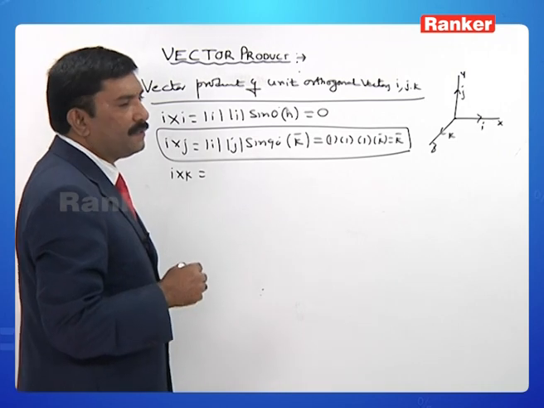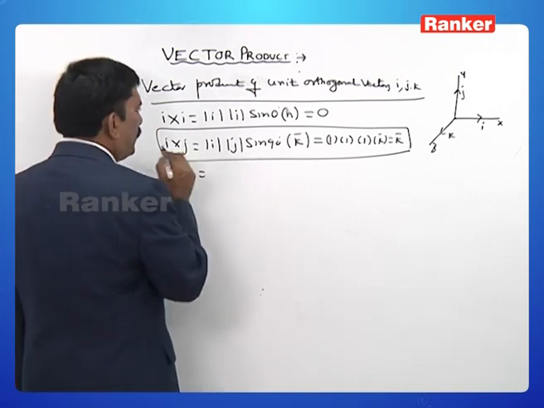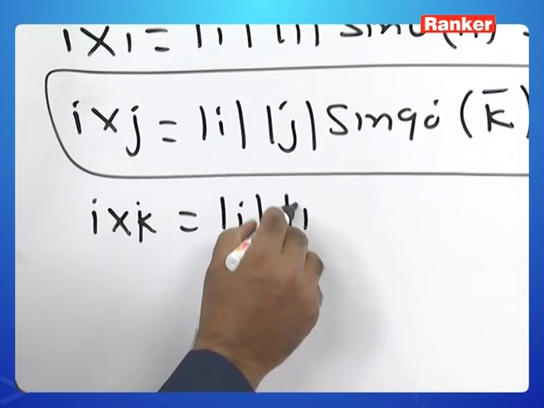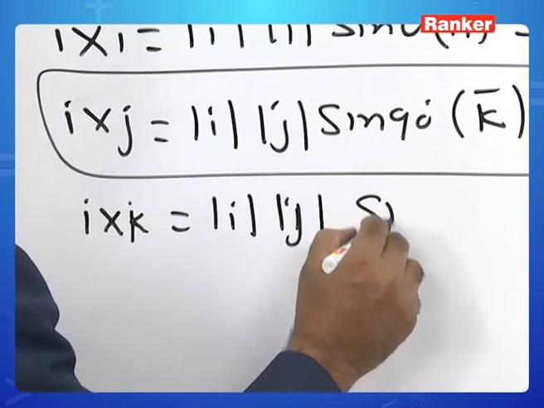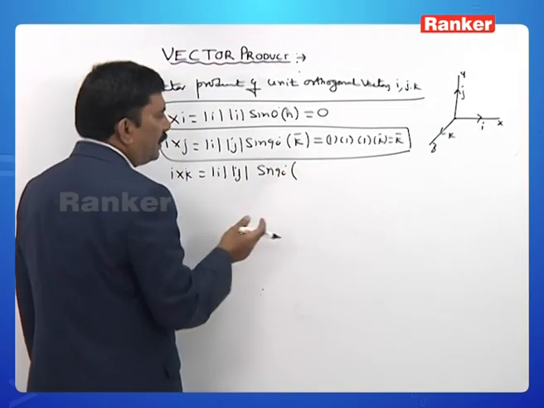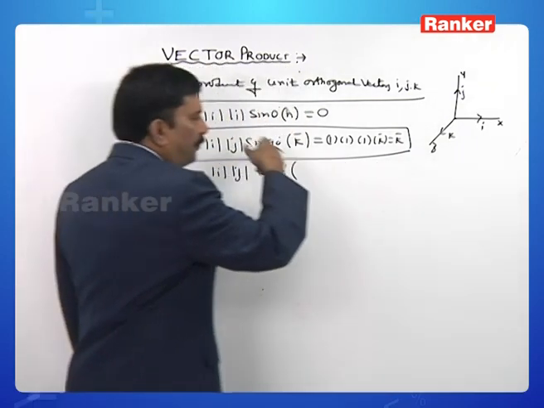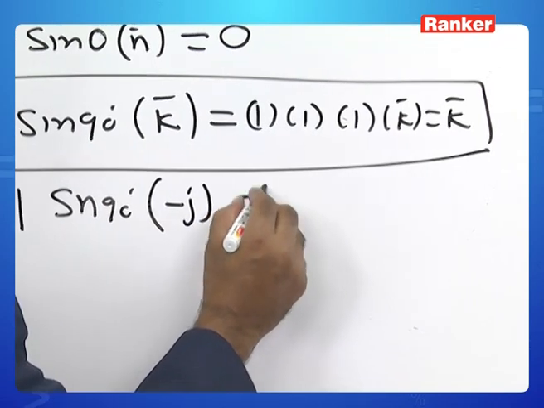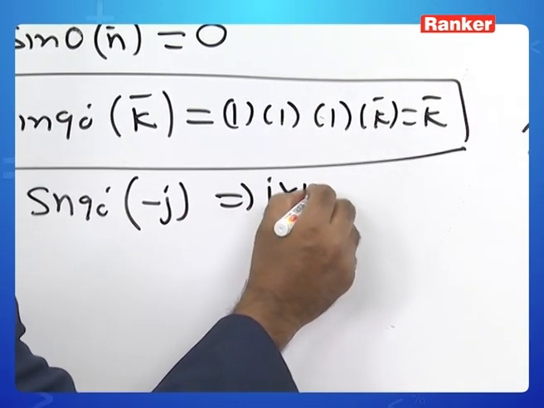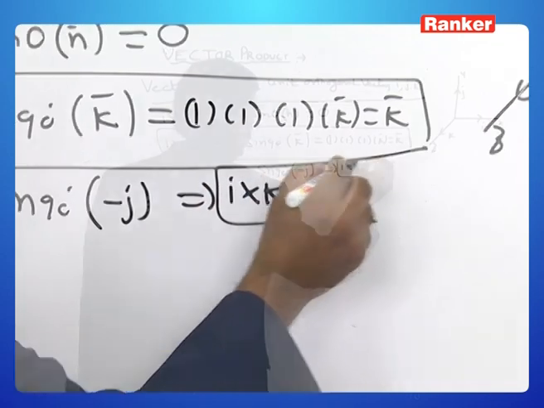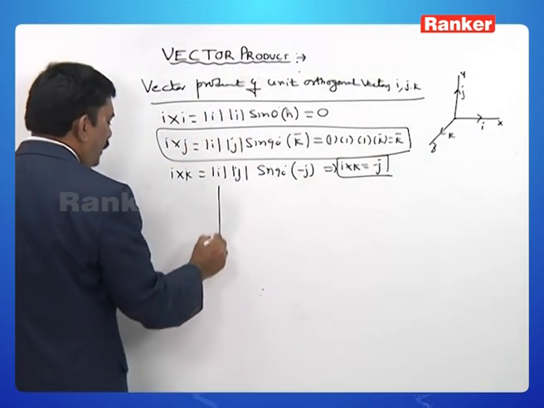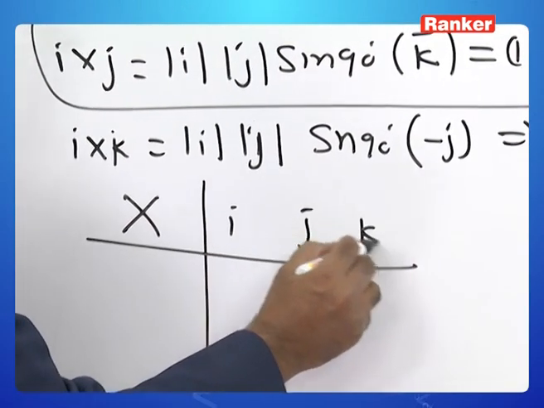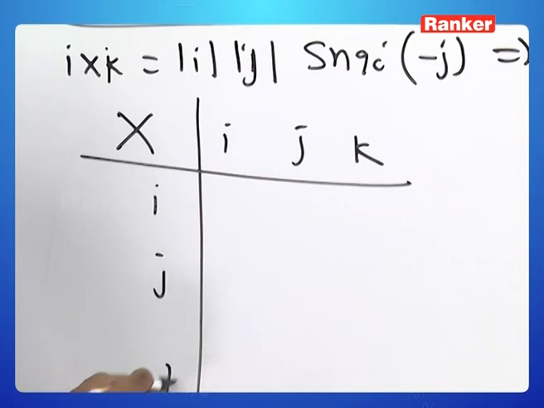I cross J is equal to K. Next, I cross K. I cross K is equal to I, next J, next sine 90, but it is in this direction, I cross K. So therefore, it becomes minus J. So I can write I cross K is equal to minus J. So therefore, I can write this as a cross table of I, J, K by I, J, K.